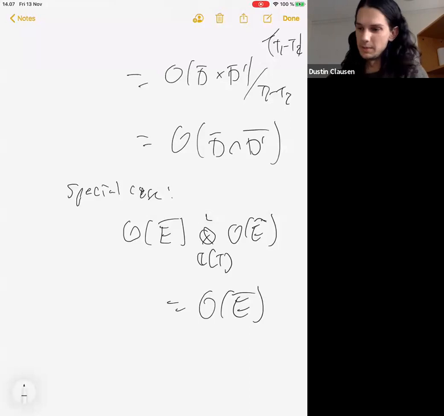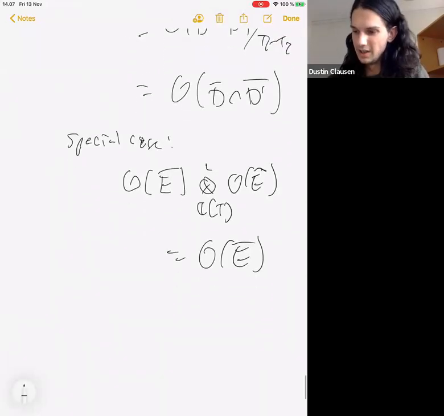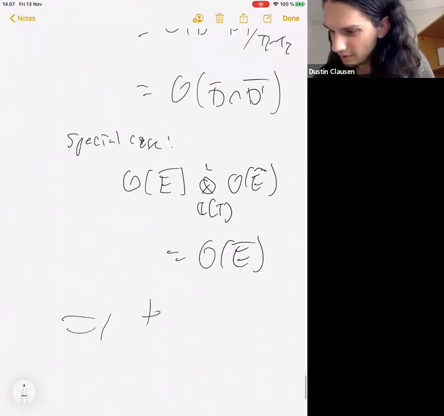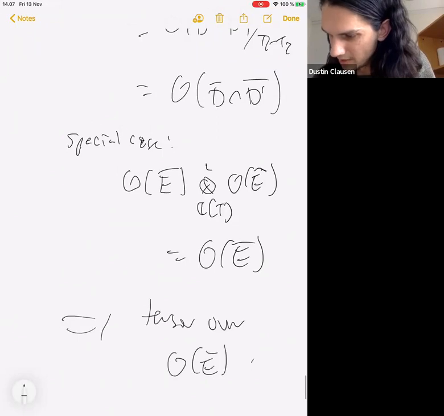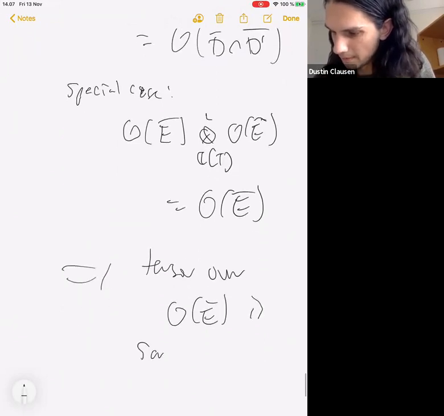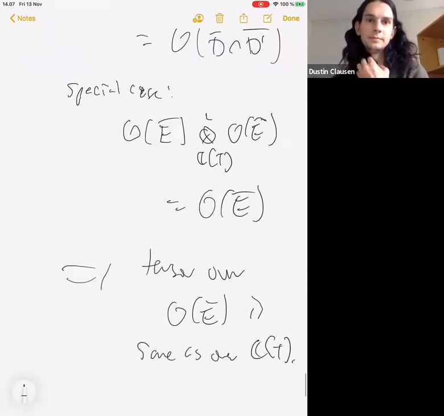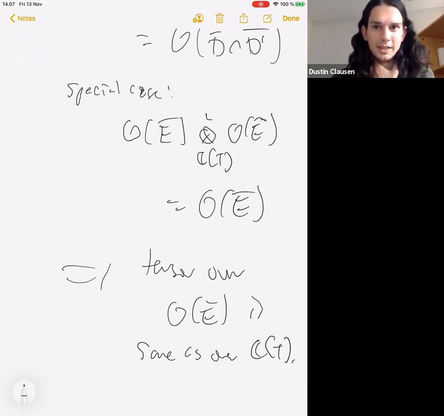So that's just a special case of what I just showed, but where D and D prime are equal to this EE bar. And that implies that the derived tensor over OE bar is the same as CT. And then that implies the claim.